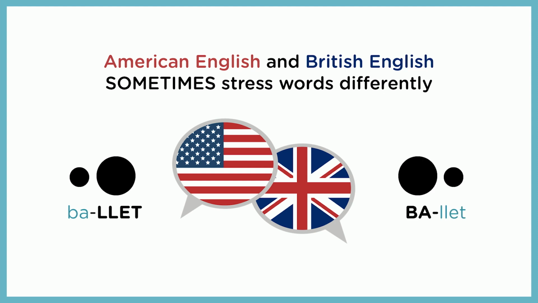But me, as a British speaker, I talk about going to the ballet. My very dodgy American accent there. Do you want to see if you can do a better job? Ballet. Ballet. Versus ballet. Ballet, yeah. Oh, there you go. So there are a couple of words that this happens with. Salon and salon, another example.